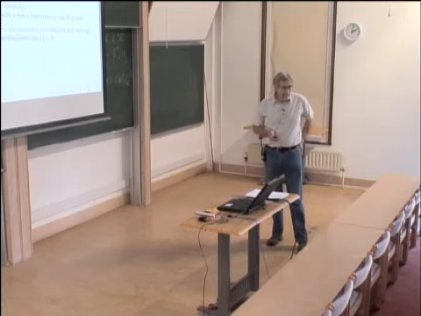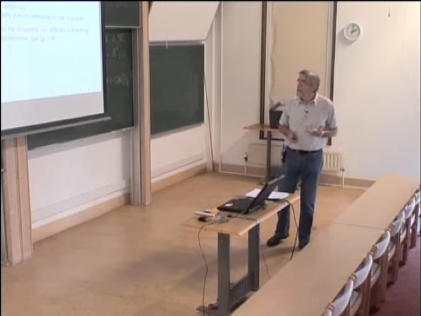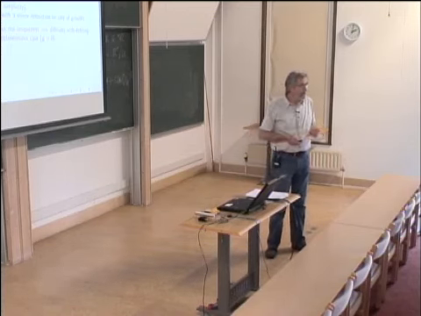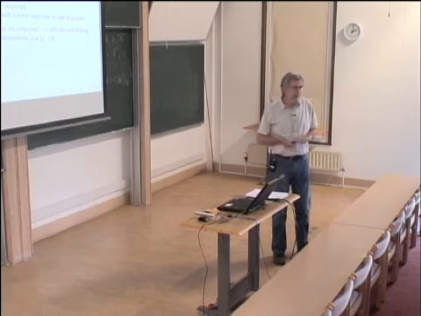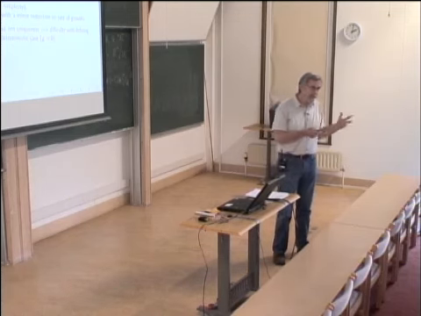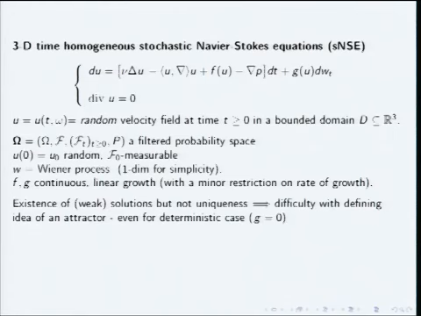And when we're thinking about attractors, conventionally, attractors you get in systems where you have some sort of uniqueness. So you have a dynamical system or a flow or a semigroup, but without uniqueness you have problems, even defining what you mean by an attractor.